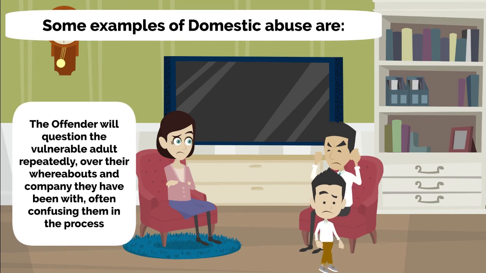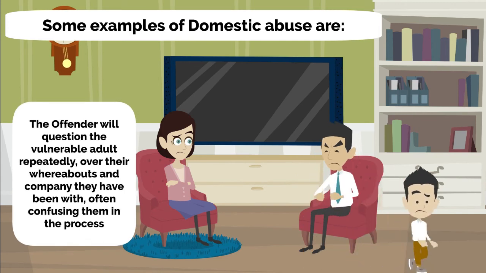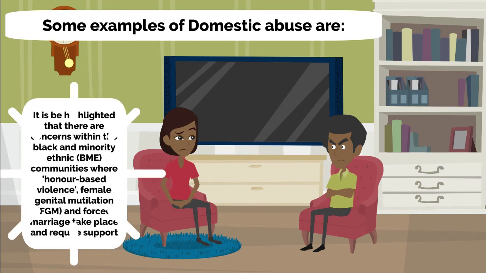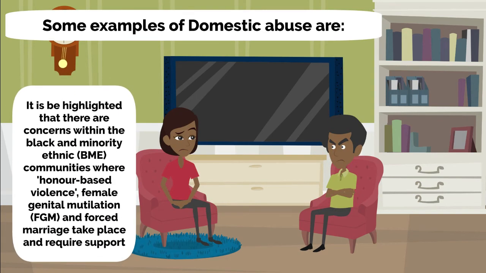The offender will question the vulnerable adult repeatedly over their whereabouts and company they have been with, often confusing them in the process. It is to be highlighted that there are concerns within the Black and minority ethnic (BME) communities where honour-based violence, female genital mutilation (FGM), and forced marriage take place and require support.